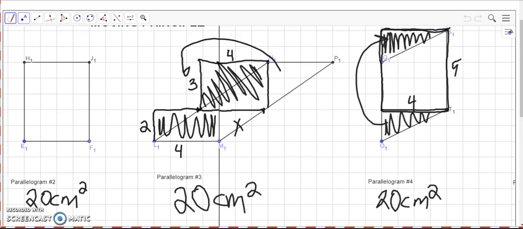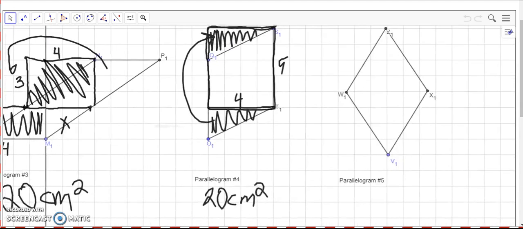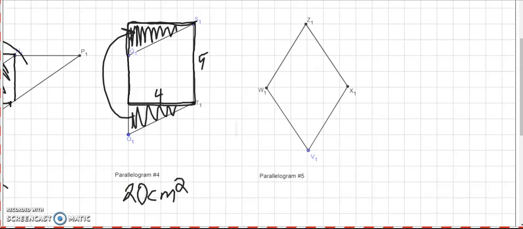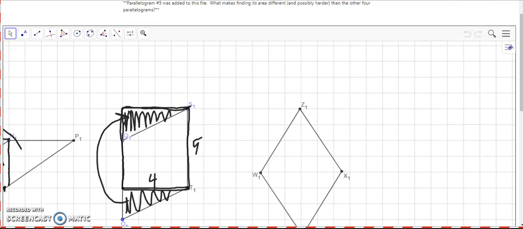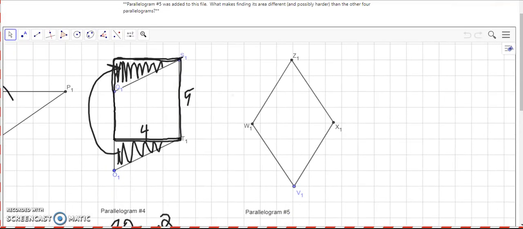Alright, last one. Move this over. Alright, going to shift this up a little bit. So this one actually is kind of an interesting aspect.